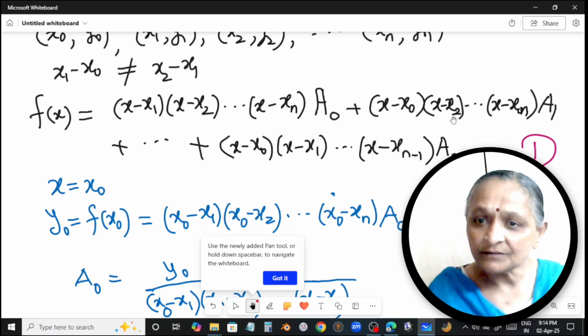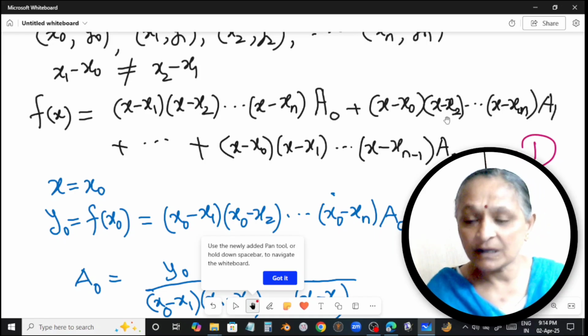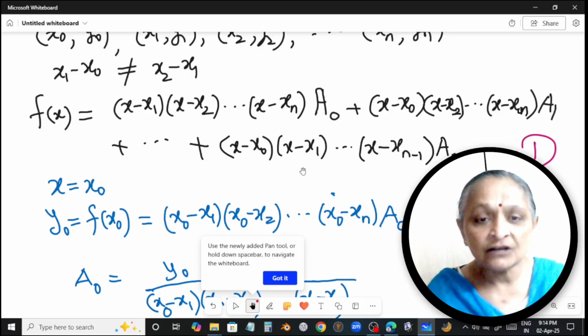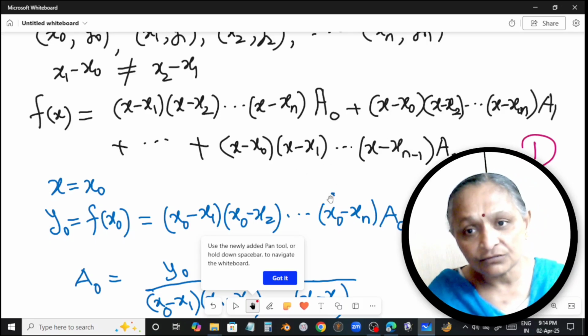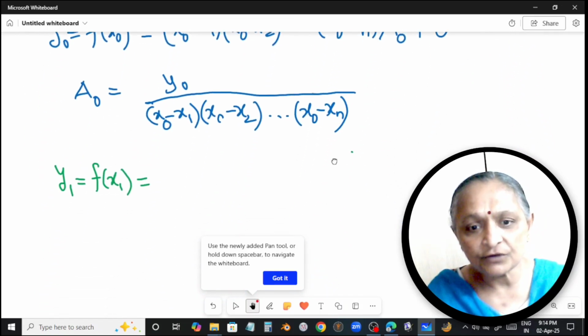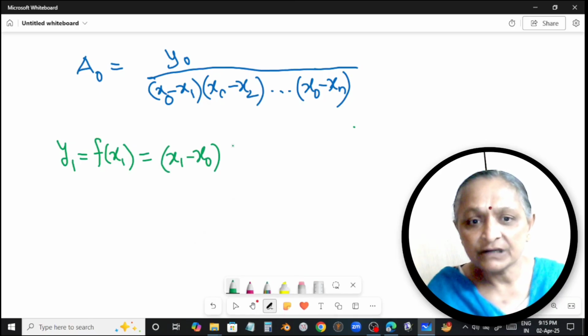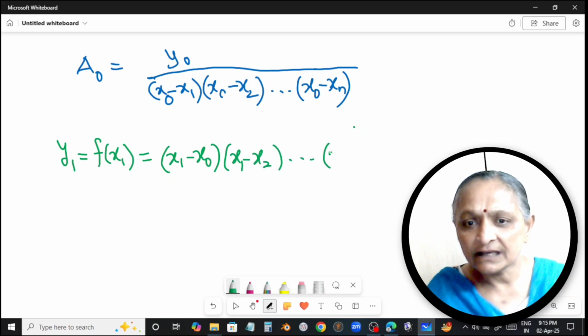Talking of this term, there is no x1. X minus x1 is not there. So this term has to survive. And all the remaining terms will go to 0. So naturally, what do we get? This will be x1 minus x0 multiplied by x1 minus x2 multiplied by and so on x1 minus xn times a1.